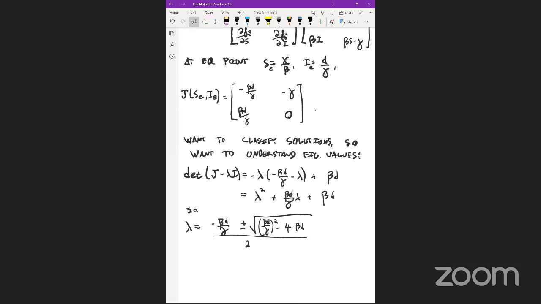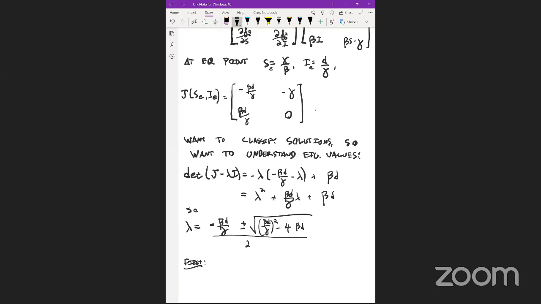First, is this going to be a stable or unstable focus or node? It's going to be at least stable or semi-stable.